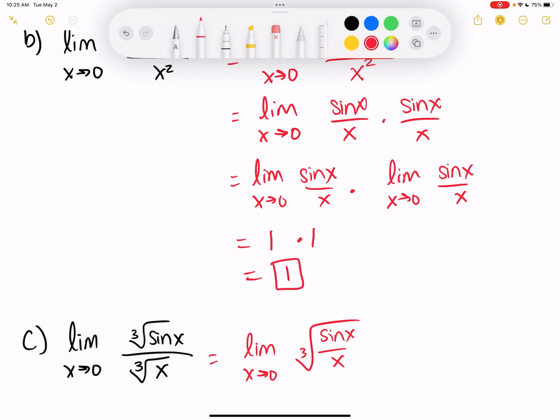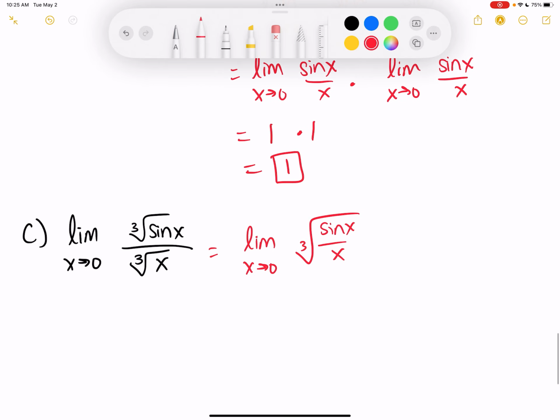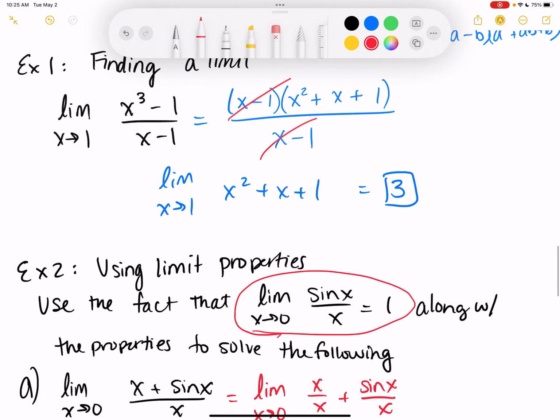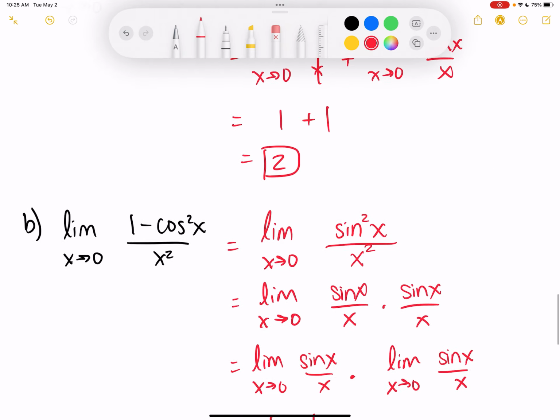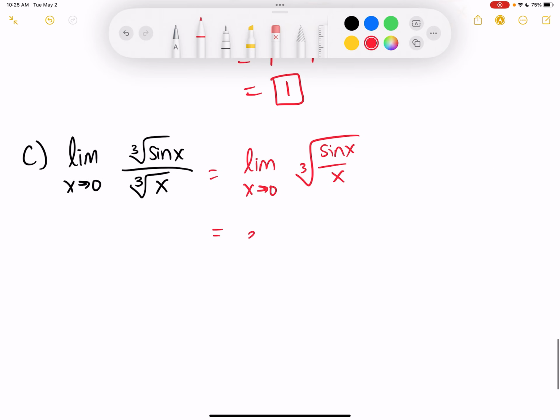Now, we had a rule yesterday that said that we can put the limit inside. It was the root rule. So the cube root of the limit as x approaches 0 of the sine of x over x. So what is this limit? 1. So the cube root of 1 is just 1.